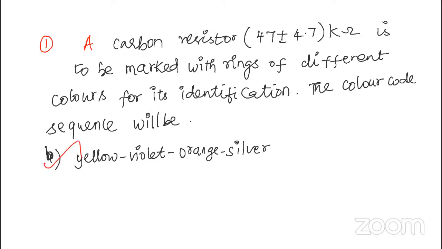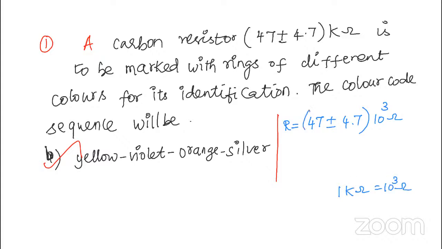So how will you choose the correct one? Here we noticed 47 plus or minus 4.7, right? So here R is equal to 47 plus or minus 4.7 kilo ohms. We are writing 10 power 3 ohms, since 1 kilo ohm is equal to 10 power of 3 ohms.